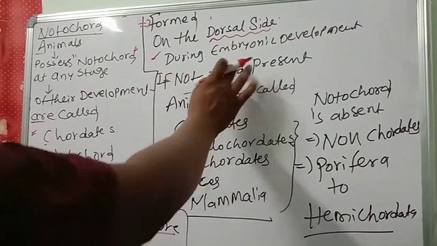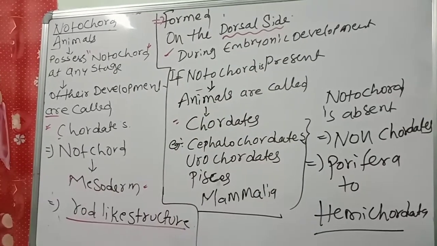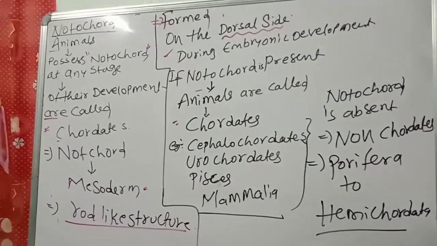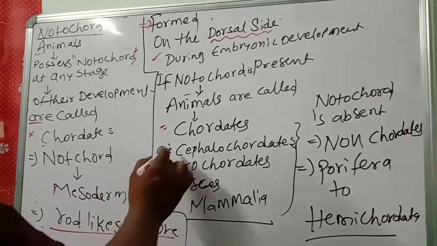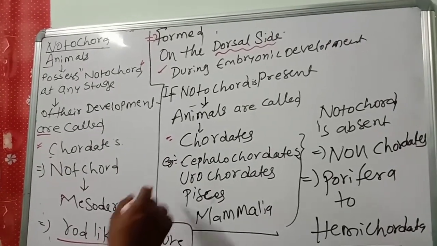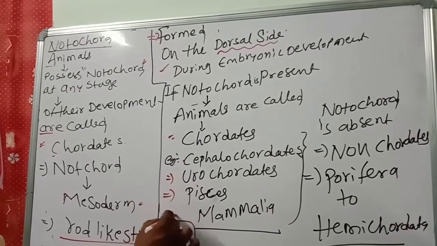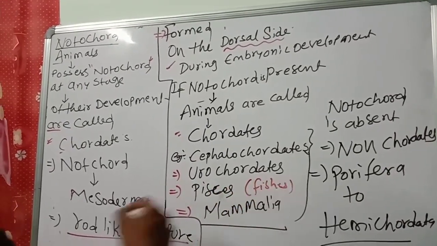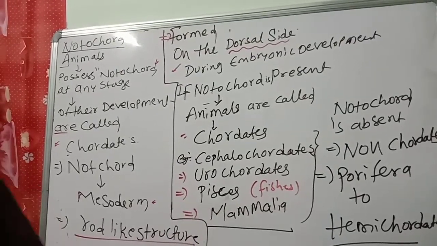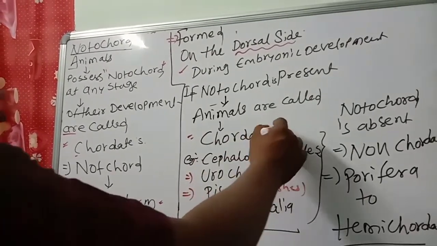If notochord is present, those animals are called chordates. Examples: cephalochordates, urochordates, pisces, mammalia. Pisces means fishes. Even fishes have a notochord, and mammals have the notochord. So these all are considered chordates.